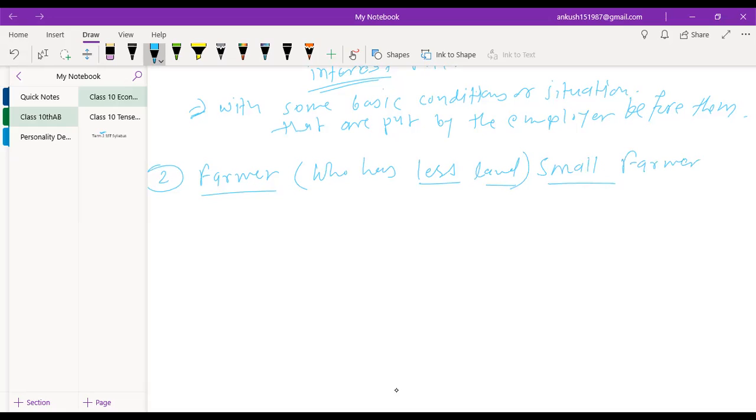What is his condition in the village? Actually, in your book on page number 48, it is given that if the farmer has to take a loan, definitely the small farmer would not be able to meet all the requirements in his field.